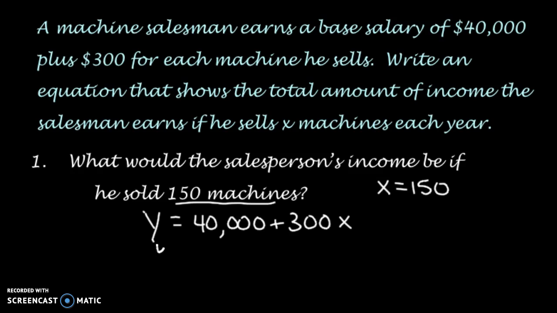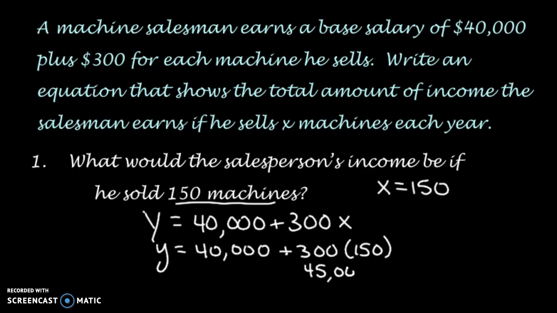So I'm going to take my equation, but instead of X, I'm going to replace that with 150. So now I want to follow the order of operations. So I want to multiply 300 by 150, and that gives me 45,000. And then I'm going to do my addition next. And 40,000 plus 45,000 is 85,000.